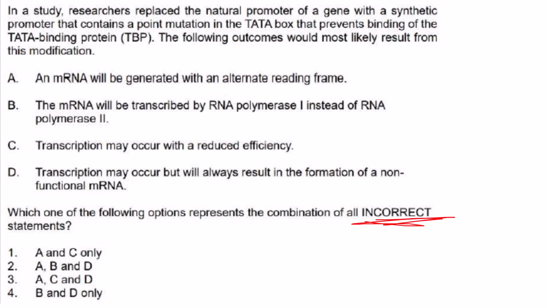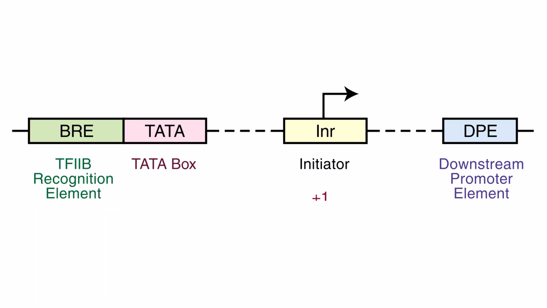Okay, now see the picture, I will tell you. So this is your mRNA promoters which are responsible for the synthesis of mRNA. So you have got the Tata box over here.